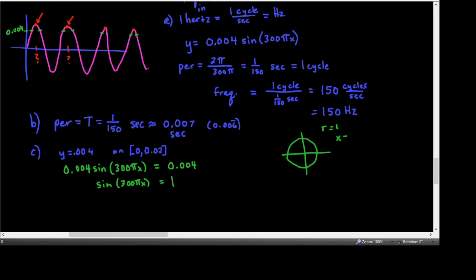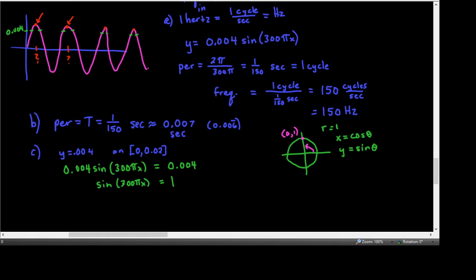X, if it's a unit circle, will be cosine theta, because cosine theta being x over r, when r is 1, x over 1 is x. And y will be sine of theta for the same reason. And where on this circle has sine equal to 1? Well, it's where y is 1 on this circle, which is right here. That's where y is 1. 0, 1. And so what angle is that? That's pi over 2.